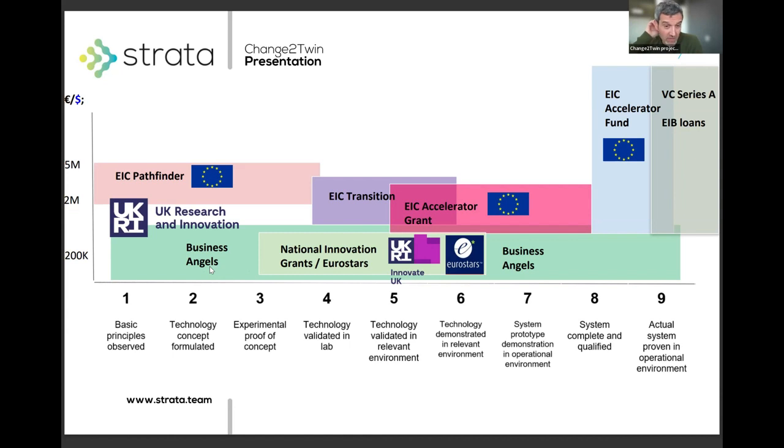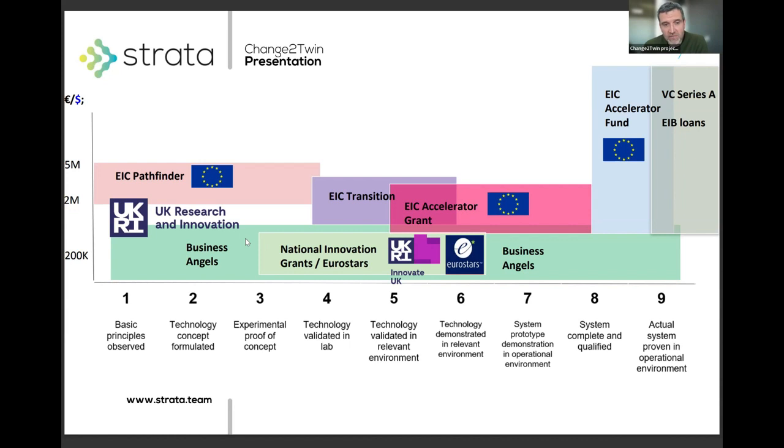I think right now, if I'm not wrong, the average business angel investment in Europe is around 30,000 euros. But it's true that business angels usually do rounds in pools, so it's possible to get up to 200, 300,000 euros. It is not uncommon to get that from business angels.